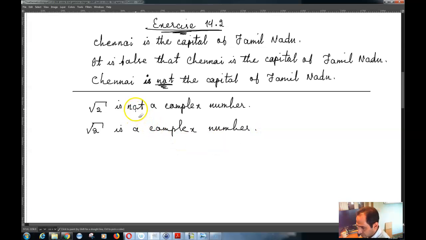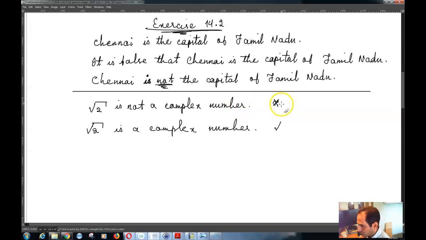And of course, you can see that "square root of 2 is not a complex number" is false. This is a false statement, because every real number is basically a complex number. But the negation of this statement becomes "square root of 2 is a complex number", and the negation is of course true.